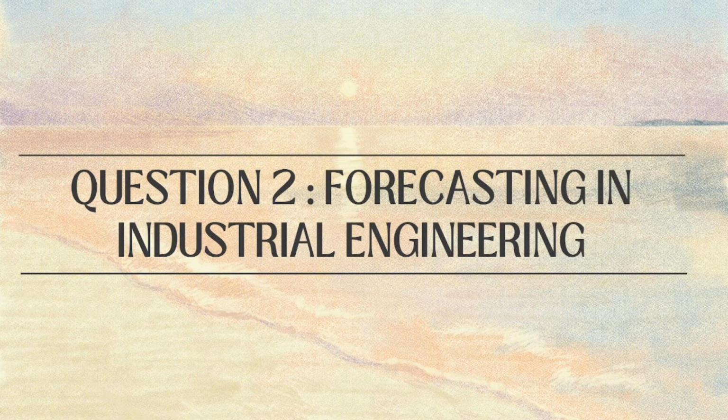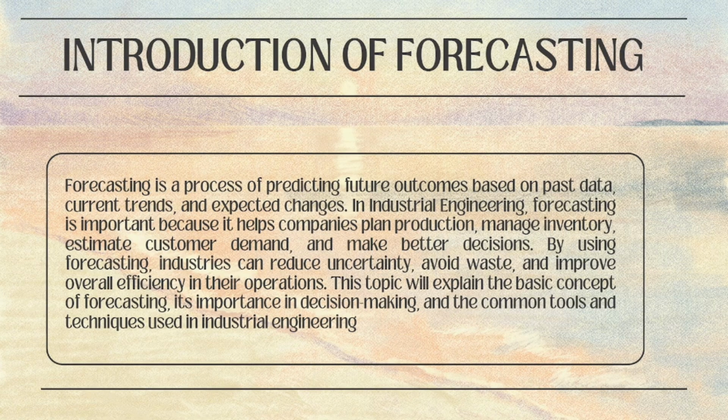Next, question 2 for assignment 1B is forecasting in industrial engineering. For the introduction, forecasting is a process of predicting future outcomes based on past data, current trends, and expected changes. In industrial engineering, forecasting is important because it helps companies plan production, manage inventory, estimate customer demand, and make better decisions.